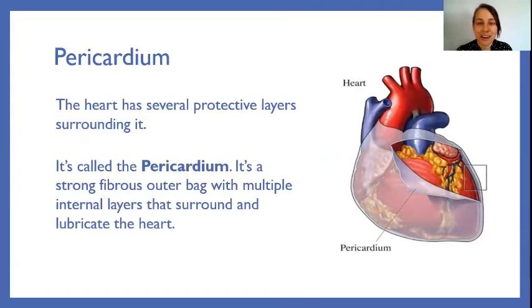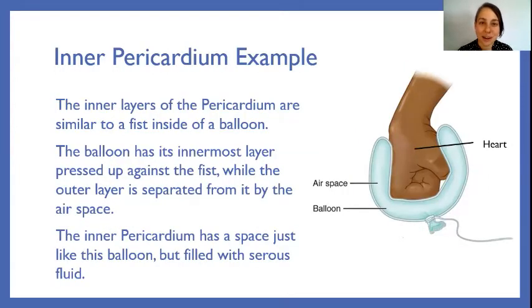That is your pericardium. The pericardium is going to be a strong, fibrous outer bag layer with multiple internal layers that are going to surround and lubricate the heart, allowing it to be able to move with each pump without causing friction. A good example of the pericardium and its inside layers is going to actually be a fist as our heart.